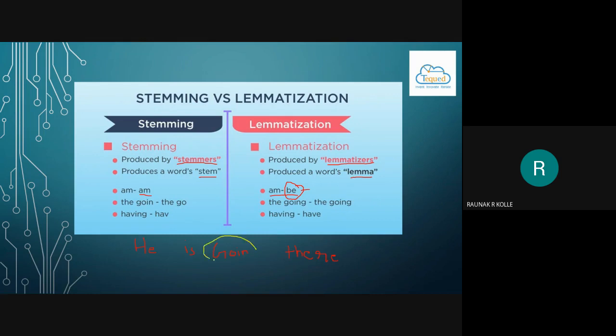Notice how the word consists of just goin, similar to the example in this table. When goin is input to a stemmer, it forms the root word that is go. But on the other hand, if we give the same word goin to the lemmatizer, it becomes going, because there is no word such as goin, and the closest word to goin is going.